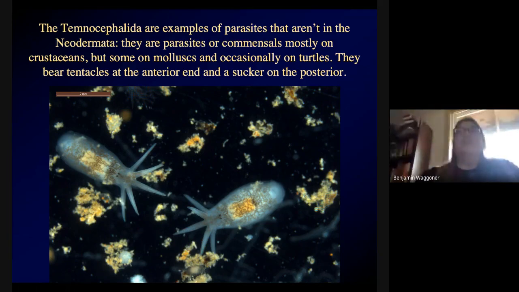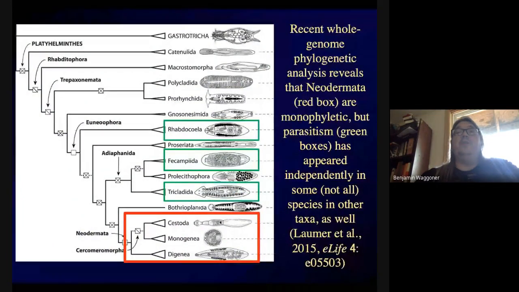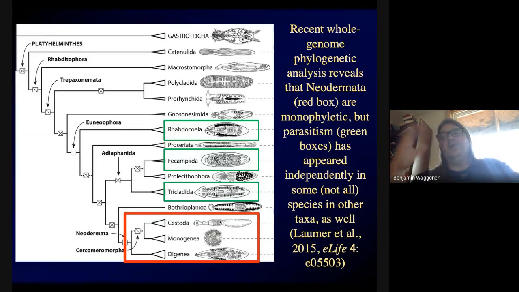In fact, this is from some pretty recent cladistic analyses based on the entire genome, which you can do these days. It's become so relatively cheap and simple to sequence DNA that you can sequence entire genomes pretty easily.